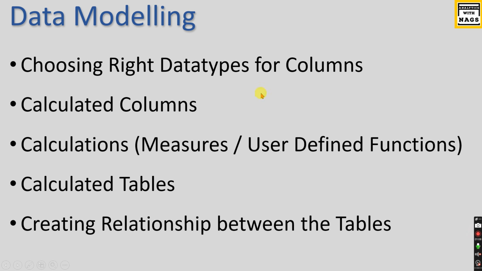This is what a data type is. Other things you need to consider in data modeling are calculated columns and calculations. You will create measures. Sometimes we need to create another table and create relationships between the tables if you have multiple tables. These are the things you need to focus on in data modeling.